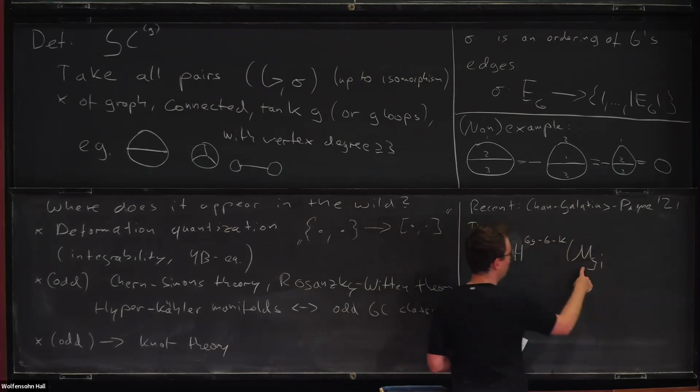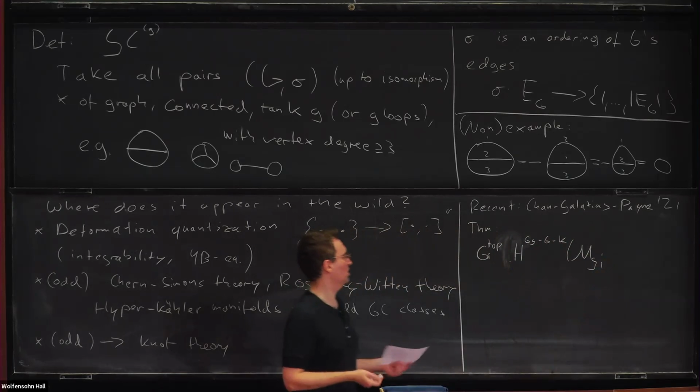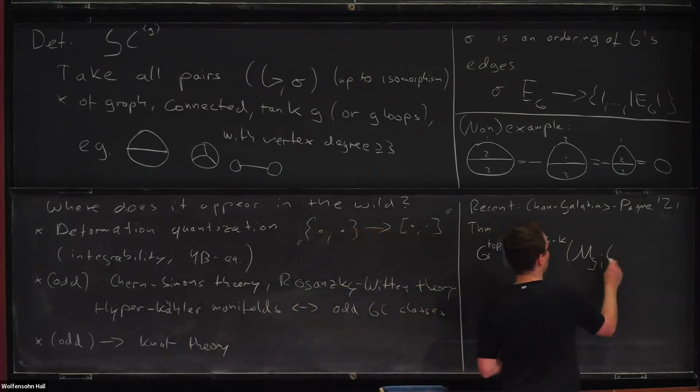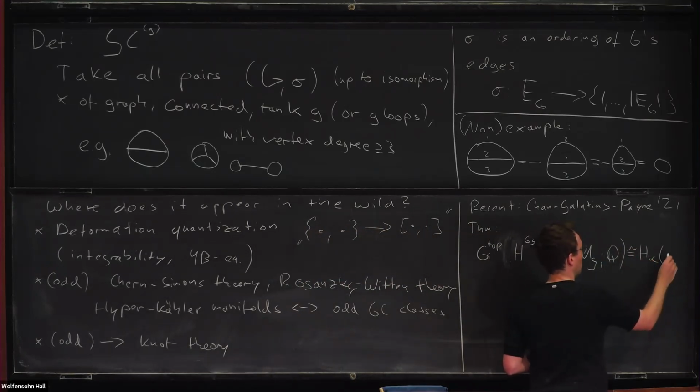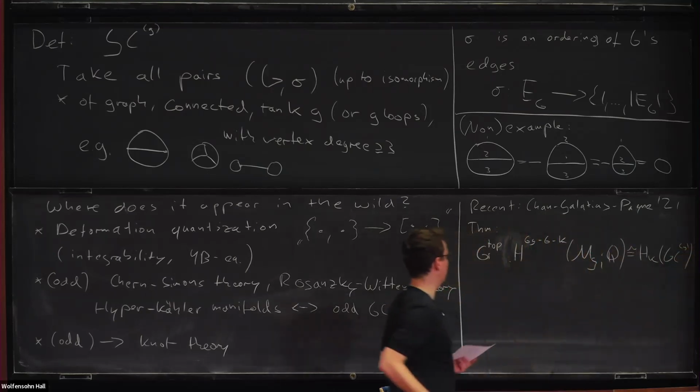Here M_g is the moduli space of Riemann surfaces with rational coefficients, and this is isomorphic to graph homology as I just described it above.